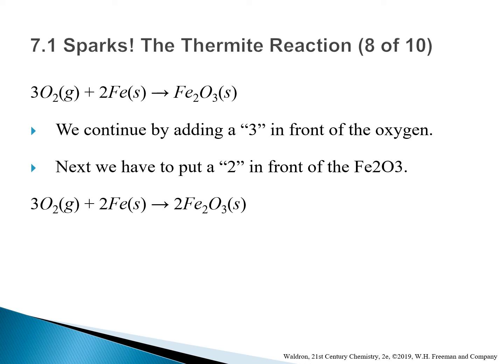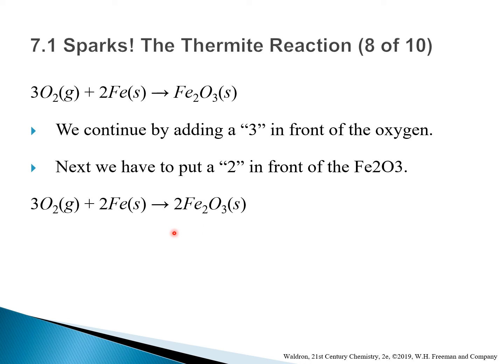Instead, we can try putting the number 3 in front of the reactant oxygen molecule like this. This does not balance the equation, but it does give us 6 oxygen atoms on the left side. Because there are 3 oxygen atoms on the right, let's add a coefficient 2 on the right side to balance the oxygen atoms like this.